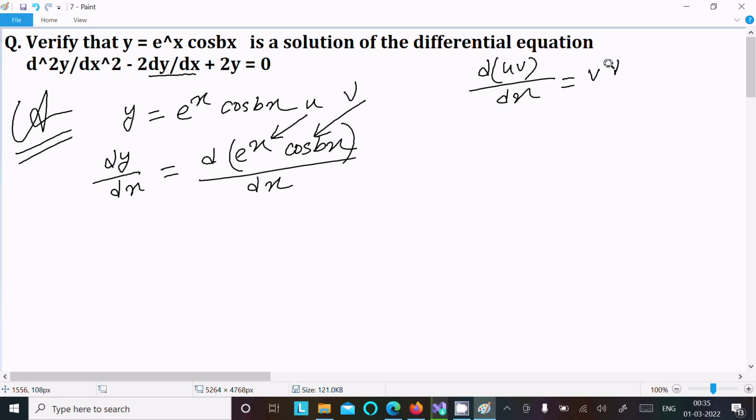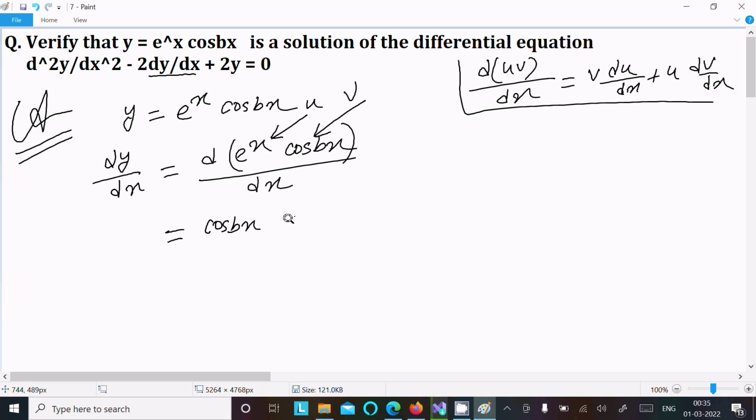So writing v doing the differentiation of u, and writing u doing the differentiation of v. So the next is writing the cos bx, doing the differentiation of e power x, and the next is writing e power x and doing the differentiation of cos bx.